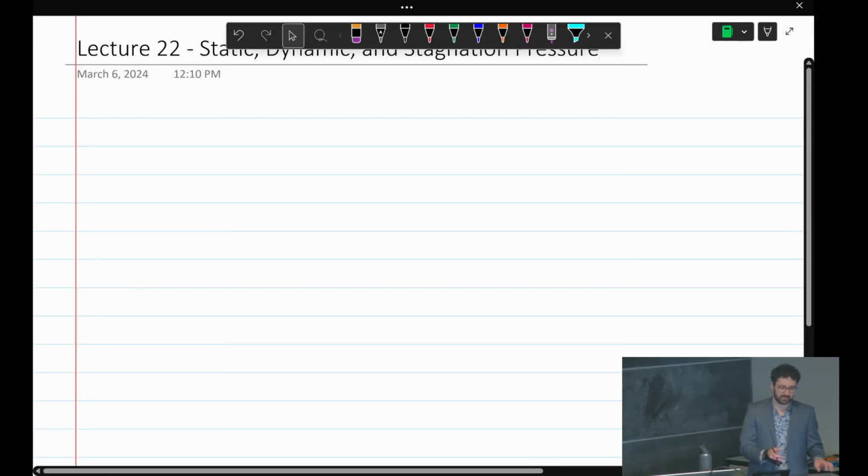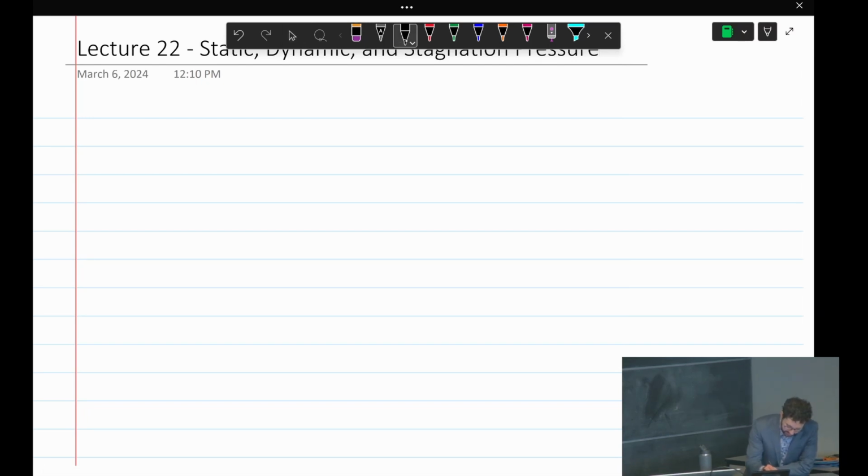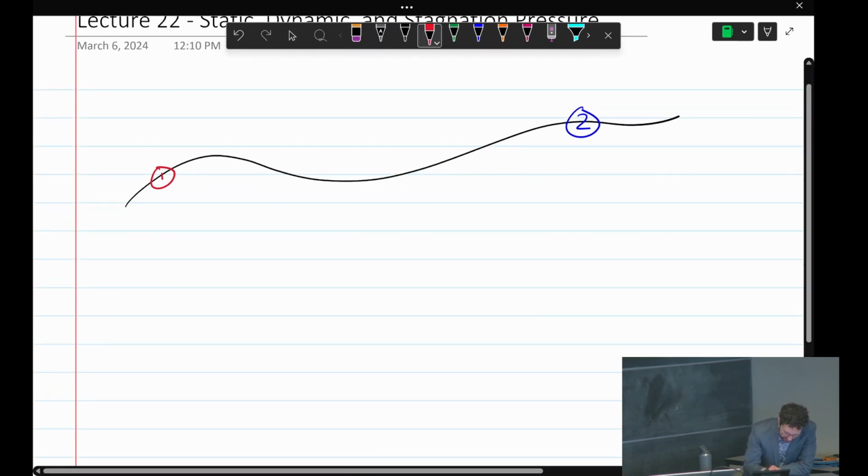So I'm going to start off by talking about static, dynamic, and stagnation pressure. So I'll state Bernoulli's equation here. If we have some sort of streamline, point 1, point 2 along this streamline, Bernoulli's equation tells us the relationship between pressure and velocity.